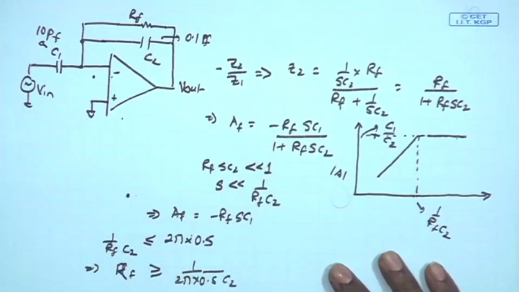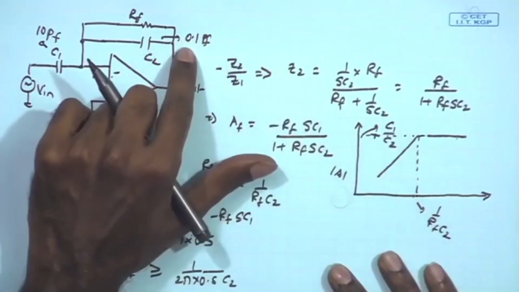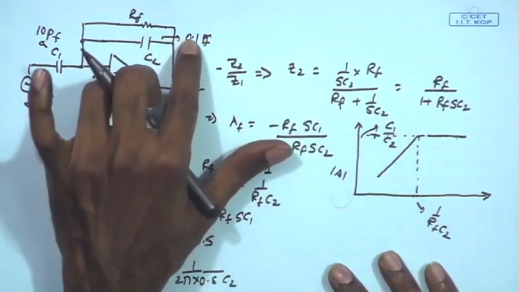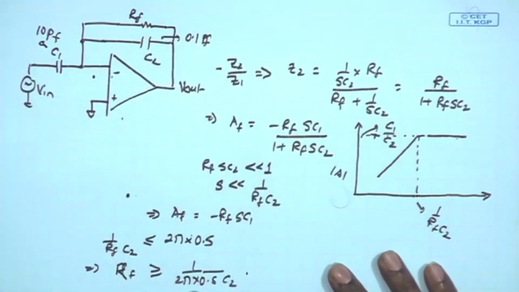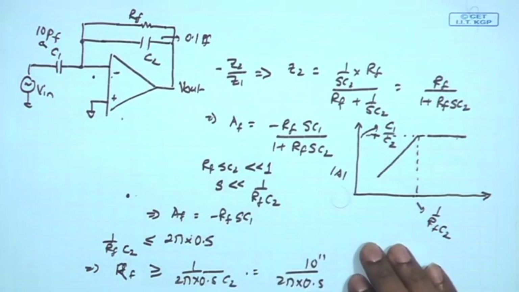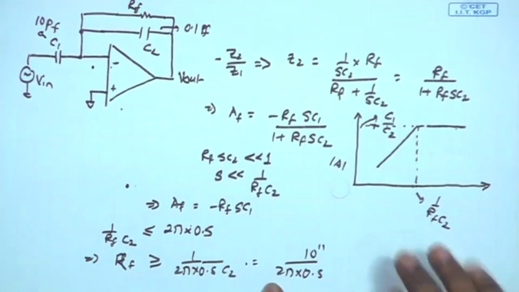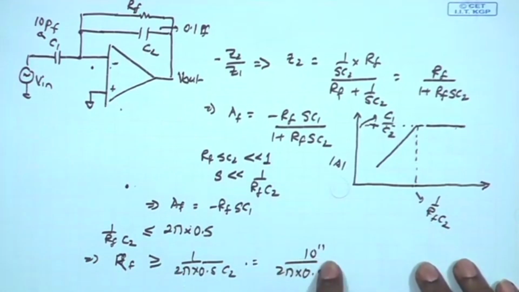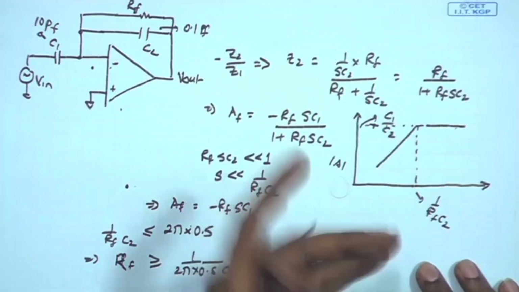Now, in that case I have to make sure that R_F is greater than or equal to 1 upon 2 pi 0.5 times 10 to the power of minus 11. So, basically a huge number. This is something close to or higher than 10 to the power of 10, in the 10 giga ohm range. Therefore, R_F must be greater than 10 giga ohm.